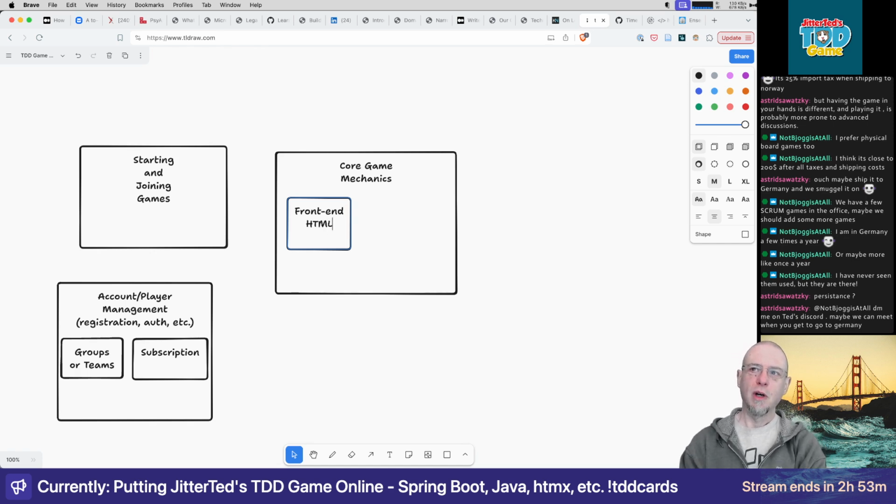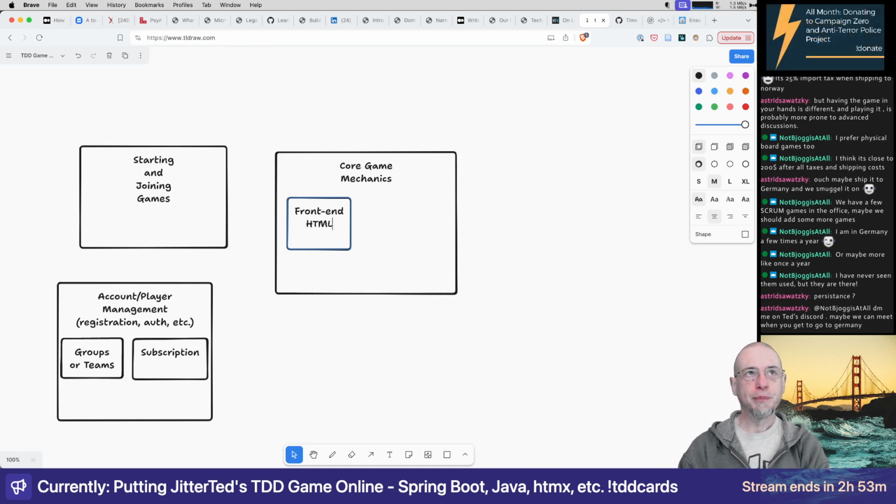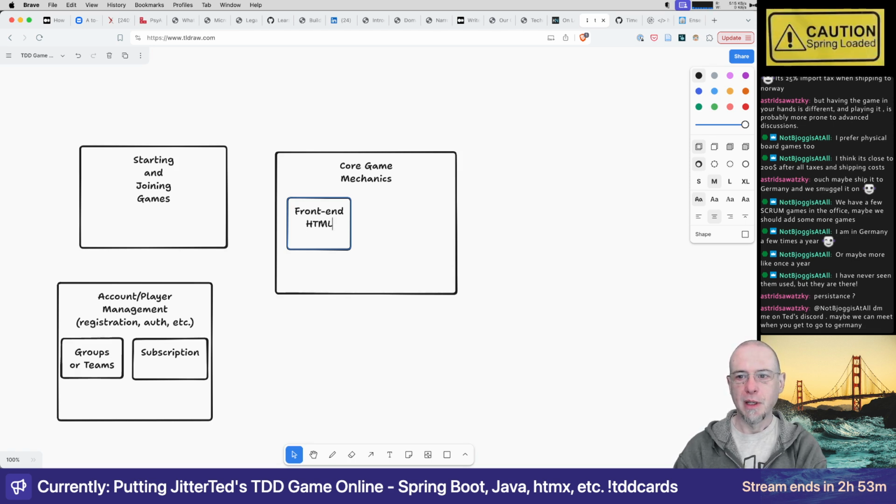And so while I'll pretty likely be using Thymeleaf for the main HTML page, I've been toying with the idea that I want something a bit more component-like.